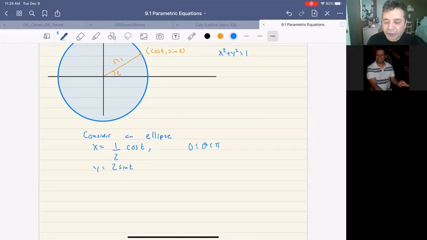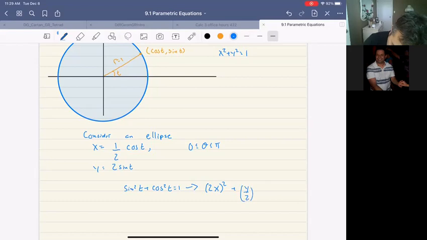What we're going to say is, we remember sine squared plus cosine squared equals 1. What does that mean? In this case, 2x is cosine, plus y over 2, that's sine, equals 1.